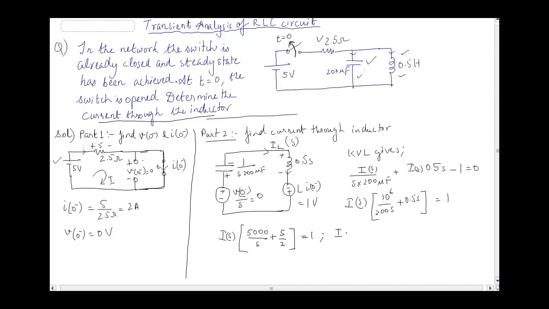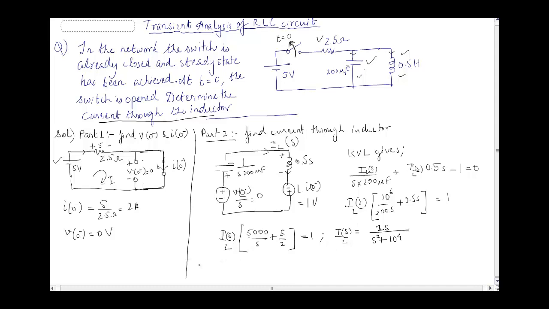So I of S is equal to 1 divided by S plus 10 raised to power 4 divided by 2S, which is S square plus 10 raised to power 4 divided by 2S. That 2S I will take on top, so I will get 2S here. And I can find out the current. This is IL, I did not write it as IL, but this one is also IL.